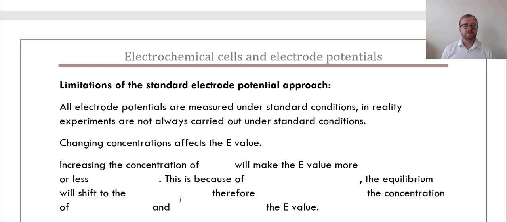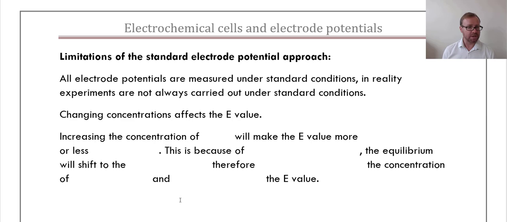All electrode potentials are measured under standard conditions. In reality, experiments are not always carried out under standard conditions. We're in a lab, it's quite difficult. So changing concentrations affects the E value.